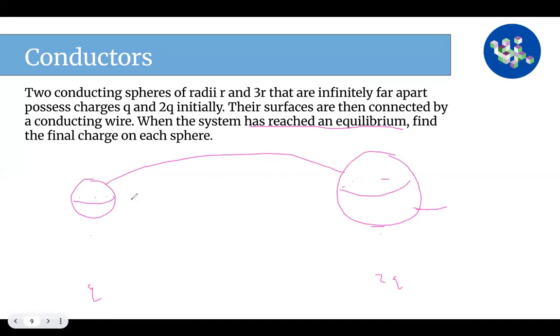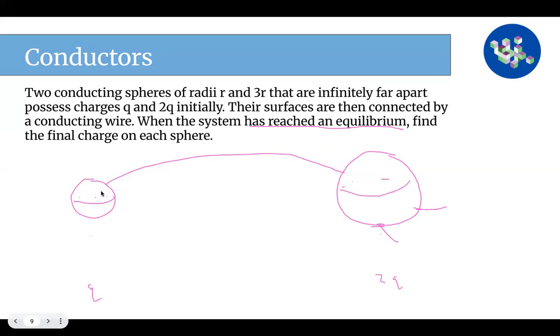Likewise, if I have higher potential over here, the charges will flow through the wire to the sphere on the left. After a while, I want to find the charges on the two spheres once there's no flow between the two conducting spheres, which just means that I'm at an equilibrium, right?